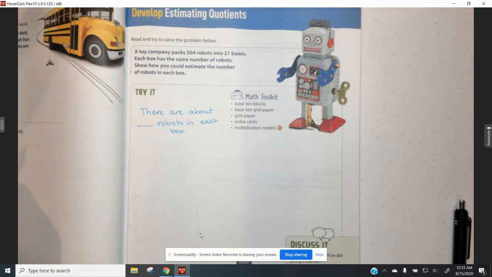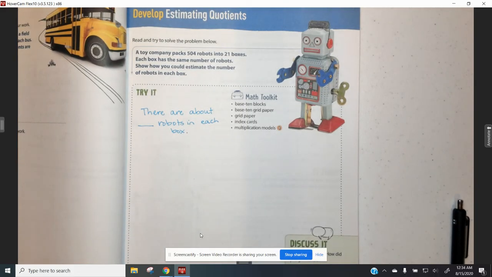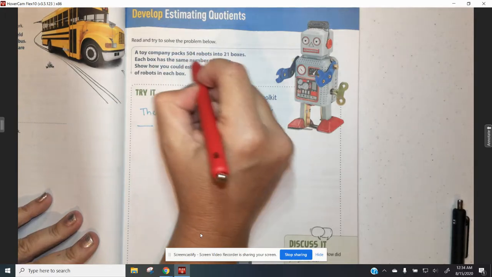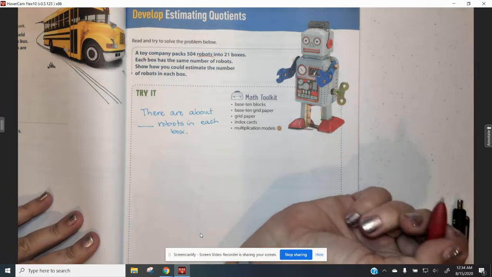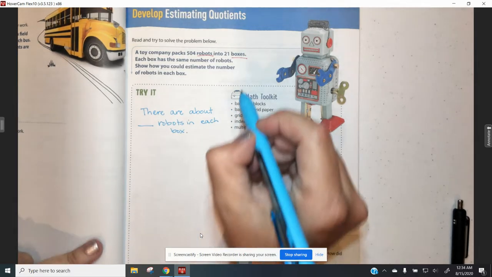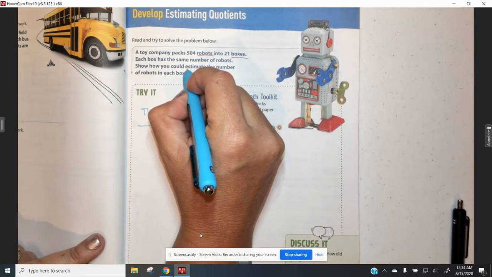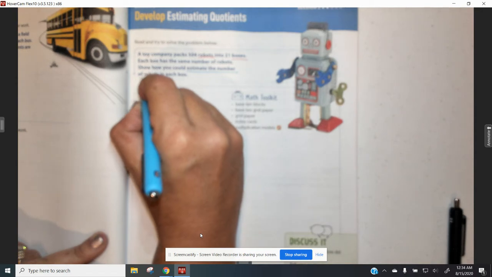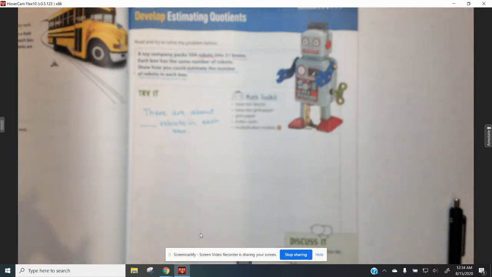So the first thing we need to do is say, all right, what is this problem talking about? So this problem is talking about robots and boxes. Okay? And then what are we trying to find out? We're trying to estimate the number of robots in one box.